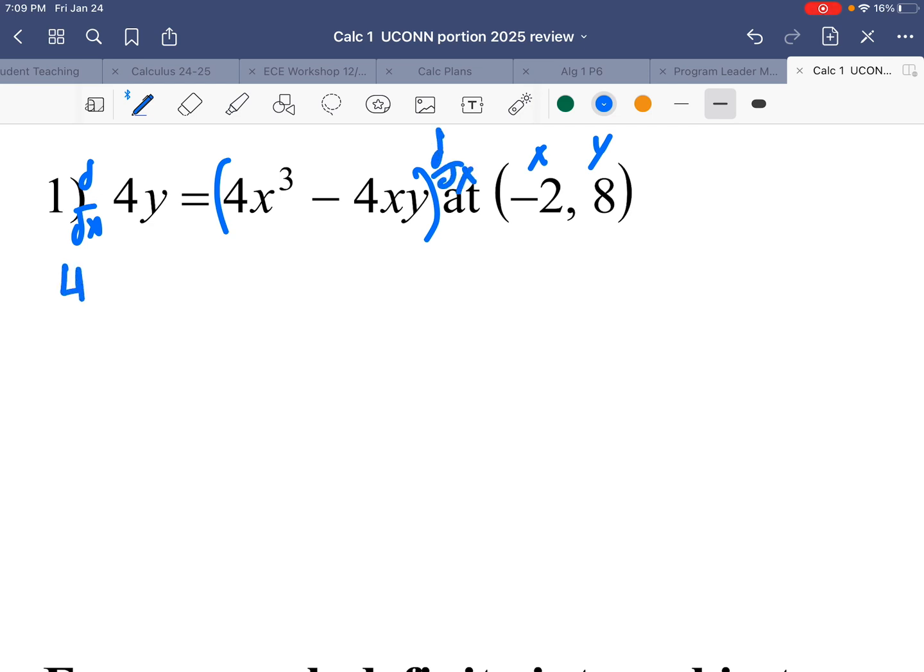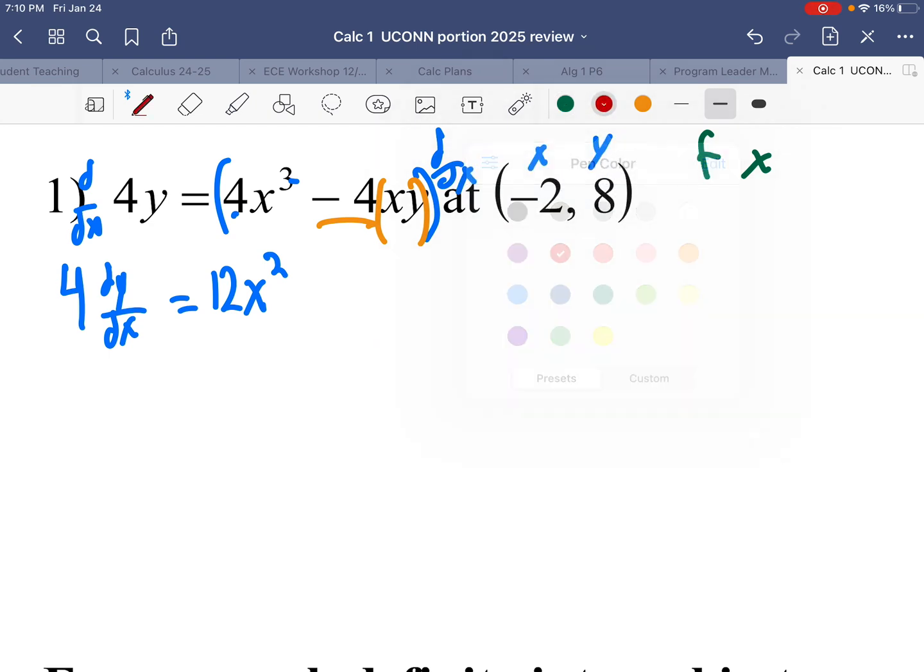So this would be 4 dy/dx is equal to 12, because 4 times the 3, x squared. I don't need to write dx for the derivative in terms of x. And then I think about this like it's minus 4. And then I'm going to use the product rule, and f is x and g is y.